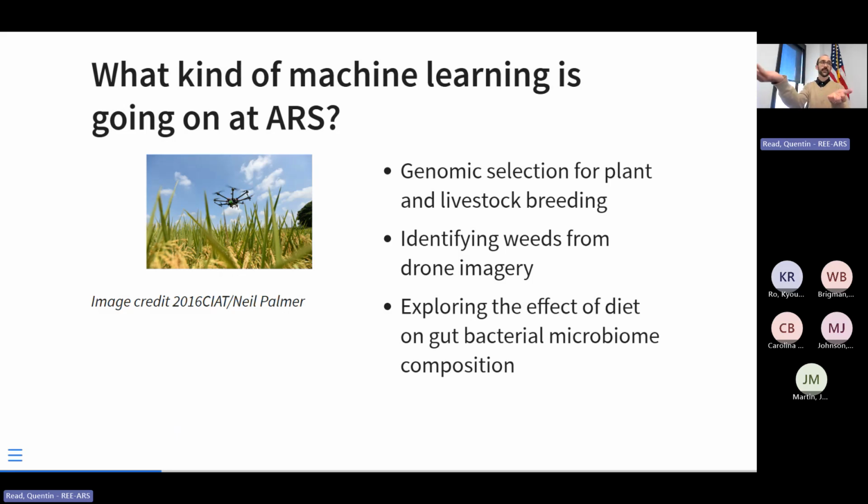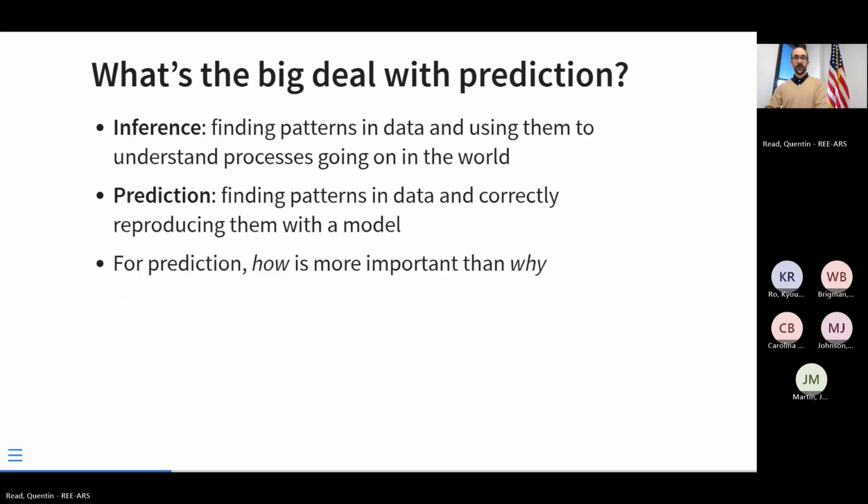There are hundreds and thousands of species in there. You can use machine learning models to see if there's a relationship between what bacteria are in the gut and the diet or other outcomes of interest. So a lot of folks in ARS are doing machine learning models. Okay, so just to show you that it's relevant to what you all might want to do.